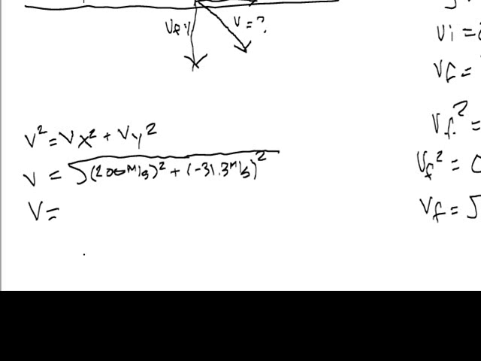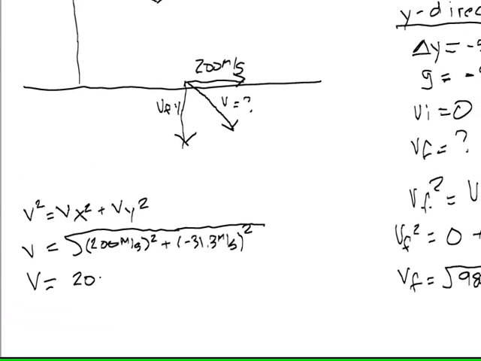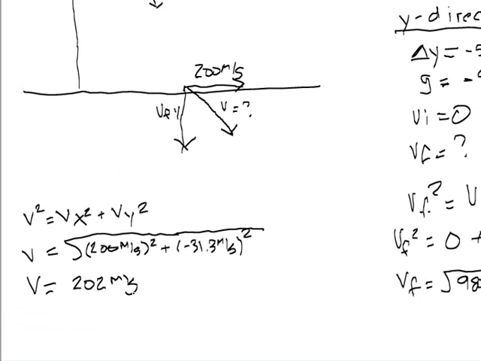V is equal to 202 meters per second. We do not need to indicate positive or negative because this is a vector at an angle. If we wanted the direction, we would need to find tan theta to find the direction that it hits below the horizontal. Since the question is asking for the magnitude of the velocity, we're fine.